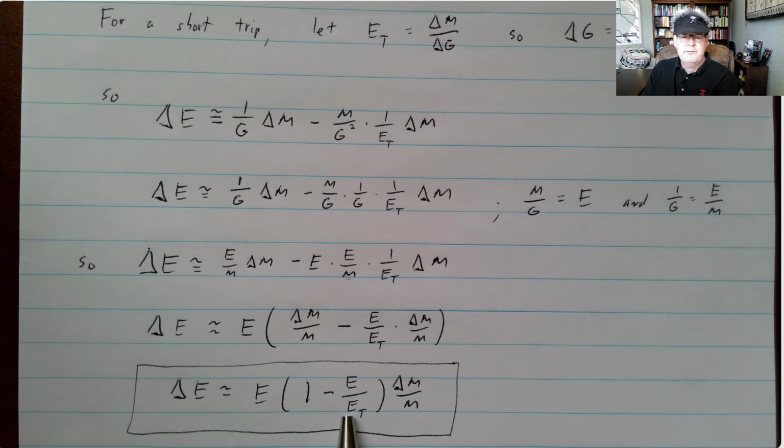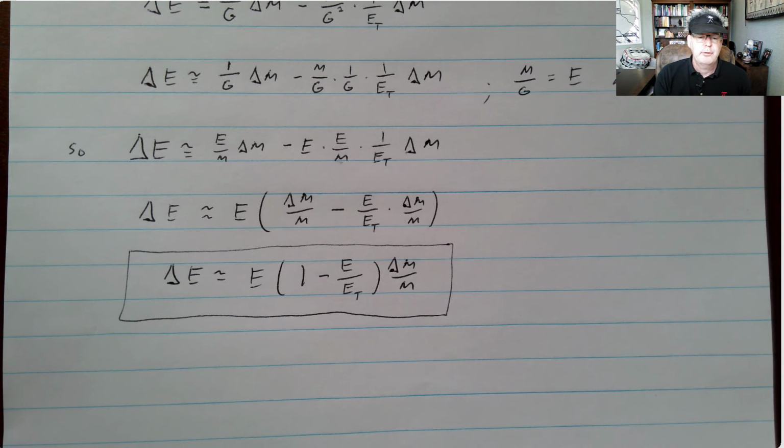If your efficiency of the trip has better miles per gallon, so it's bigger than E, then this will be a positive number and your fuel efficiency will go up. And conversely, if it's smaller, so you get worse efficiency on the little trip, then this will be a number bigger than 1, which means this will be a negative, and so your new efficiency would be lower, right? So you can get a negative change in efficiency. So there's our formula.